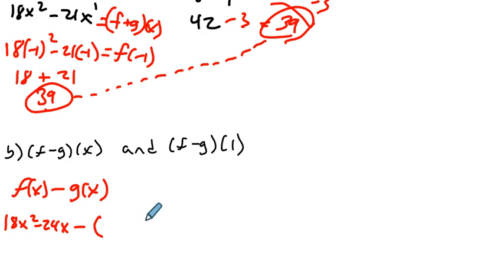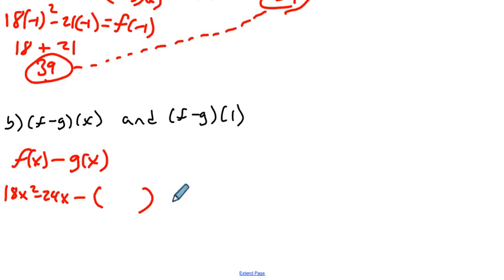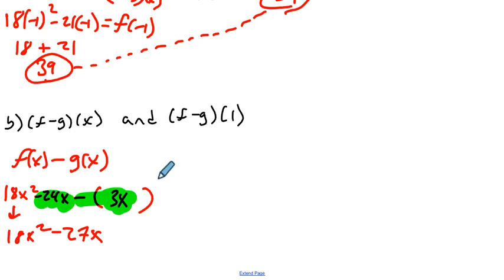Well, whatever g of x is, I have to put it in parentheses, right? G of x is just a 3x. So basically, you could just say this is minus 3x, which means that we can combine these two together, negative 24x and a negative 3x. I can combine those, and that will give me a negative 27x, and then I can bring this down, 18x squared. Okay, so this all represents f minus g of x. So that's what that answer is.